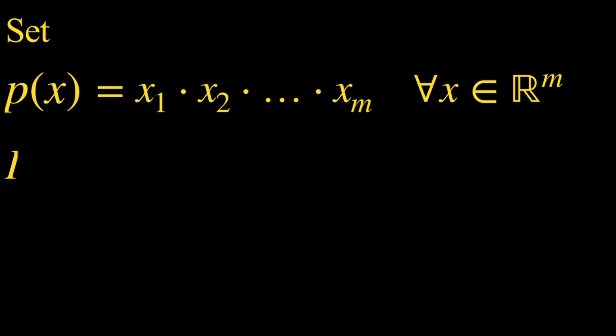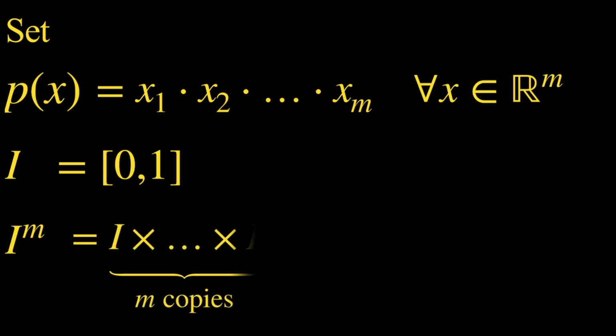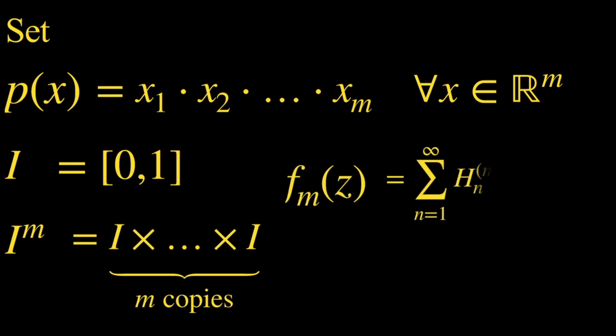We're going to denote by I the closed interval from 0 to 1, and we're going to denote by I to the m the hypercube, which is obtained by taking m copies of I as Cartesian products.